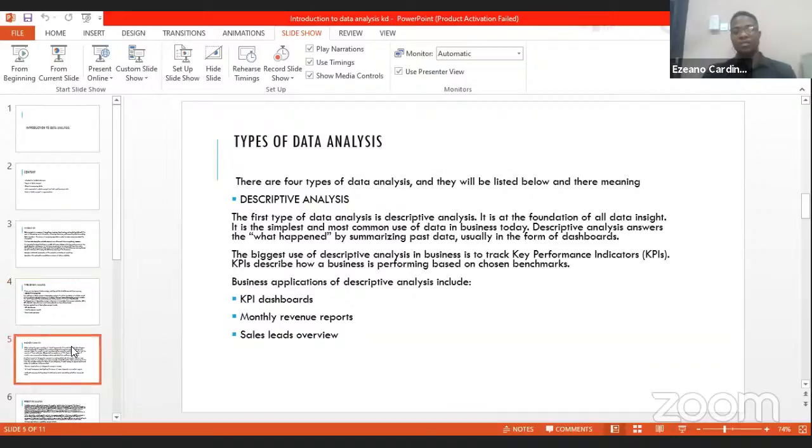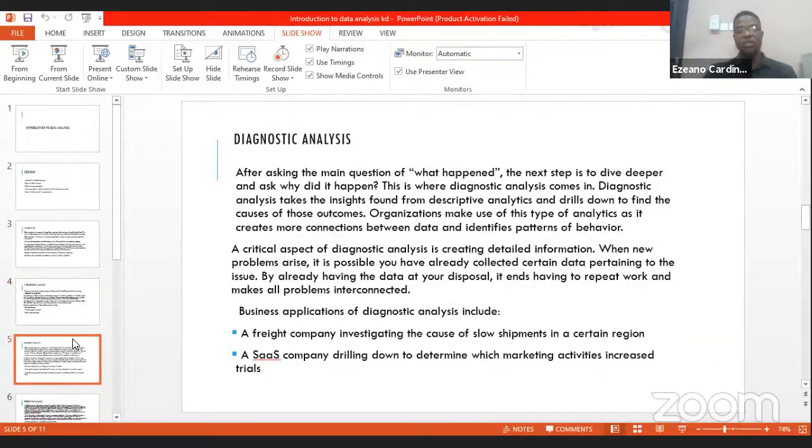So the next one is diagnostic analysis. After asking the main question of what happened, the next step is to dive deeper and ask, why did it happen? This is where diagnostic analysis comes in.